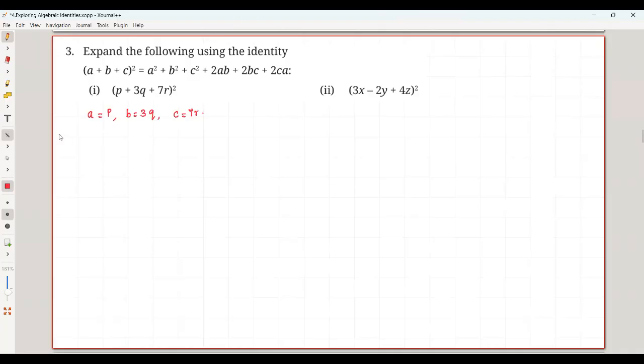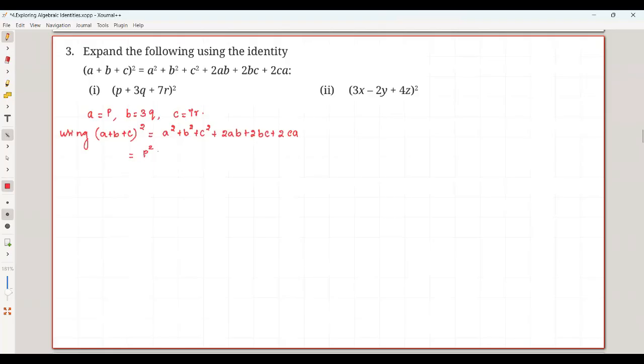So you will be getting the answer. Right, so using the formula, a plus b plus c the whole square is equal to a square plus b square plus c square plus 2ab plus 2bc plus 2ca. Right, so just expand. Right, in the place of a you substitute, b substitute, and c substitute. Therefore I'm just writing, a means p value.